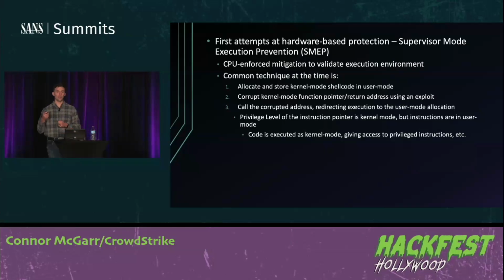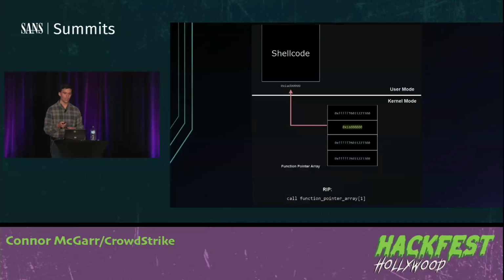Well, that call is made in context of the kernel, and so that shellcode residing in user mode has access to privileged instructions, address space, etc. Here's a diagram of how this looks, expertly made in draw.io. So we have a function pointer array here. The second index is overwritten with the user mode address, and we can see that redirection will go into user mode by invoking that specific index in kernel mode.